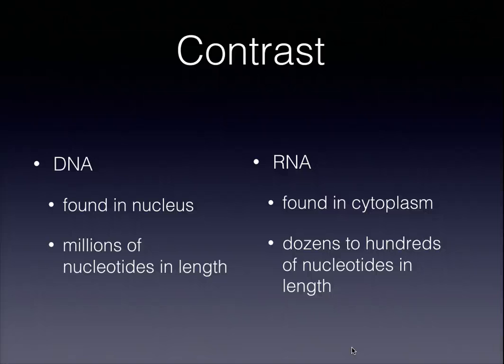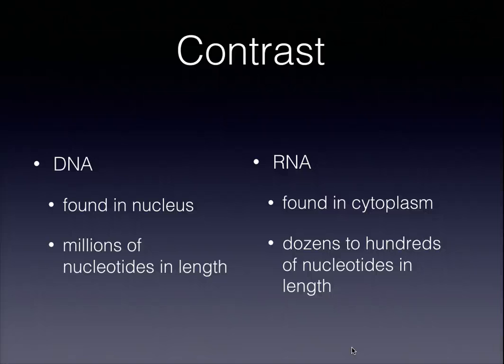RNA is most typically found in the cytoplasm. Some of it will be found in the nucleus, but it does most of its work as far as carrying genetic information for protein production. That happens in the cytoplasm. So the majority of the RNA is found in the cytoplasm, and it's much shorter than DNA. It's dozens to hundreds of nucleotides in length.